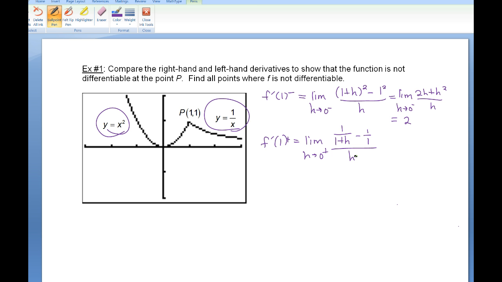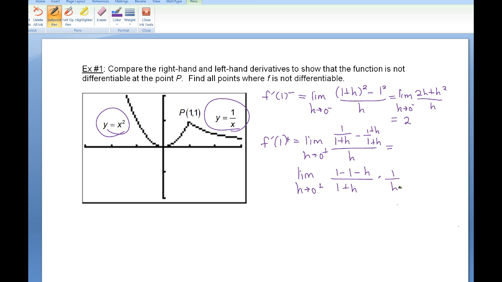That's the definition from one side, the left side and the right side. How would we simplify this? Yeah, just make this 1 plus h over 1 plus h, just so we have a common denominator. So now we have 1 minus 1 plus h over 1 plus h times 1 over h.